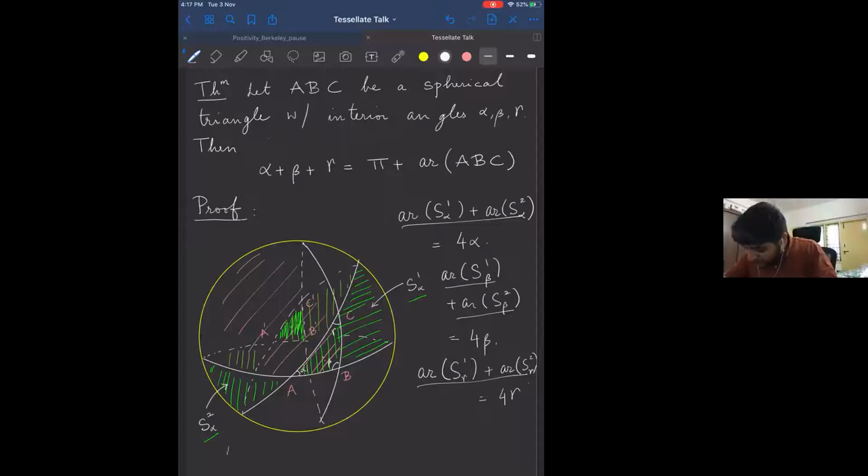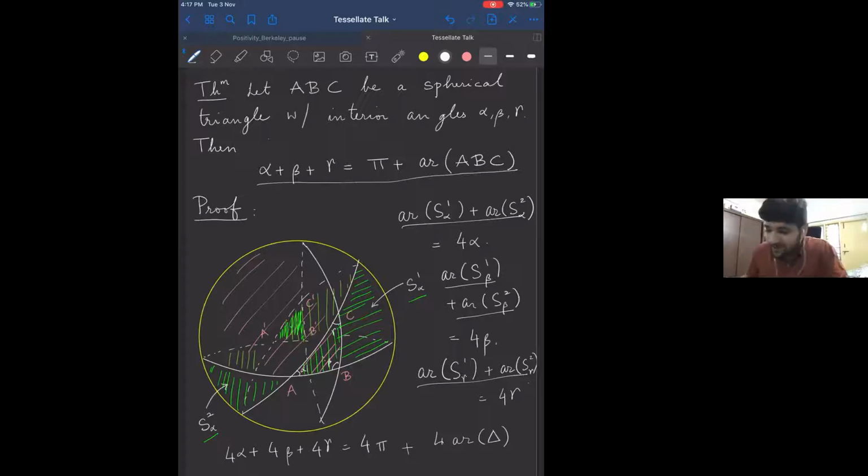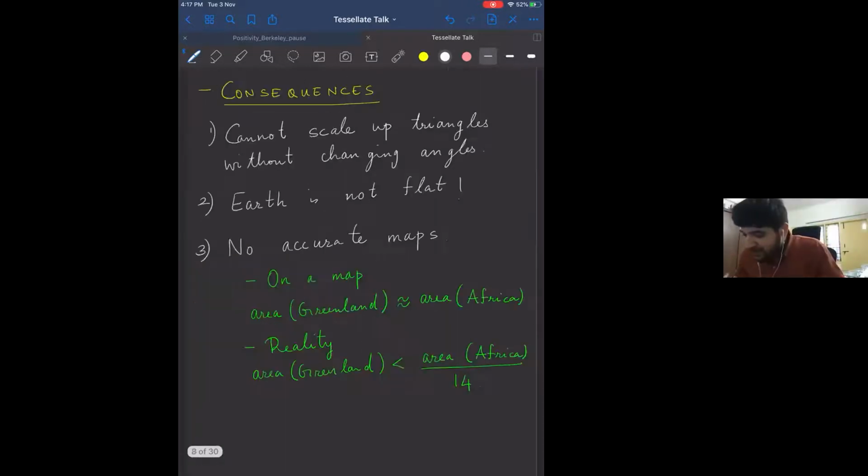So that means if you add up all these areas, you would of course get the area of the whole sphere, plus you would get 4 times the area of the triangle. Okay, but then of course, if you cancel out 4, you basically end up with precisely this, right? So that proves the sum angle property for spherical triangles.